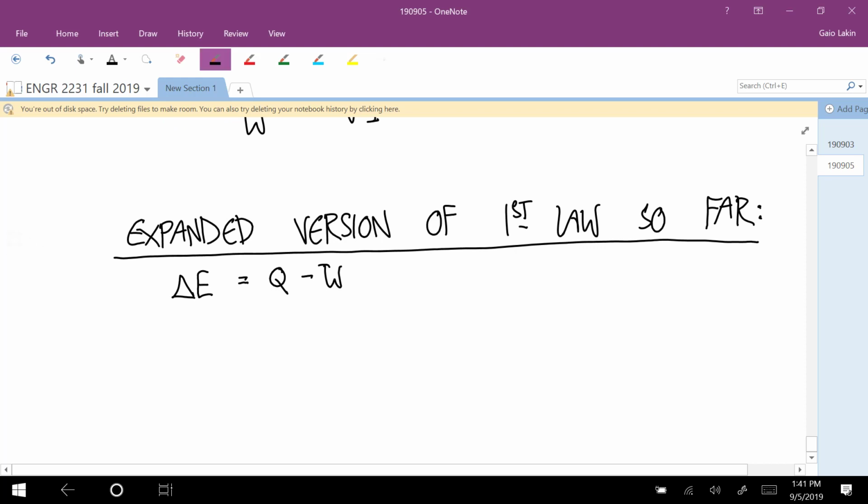So the change in kinetic energy you can think of as 1/2 times the mass times the change in the speed squared. Okay, that's the change in kinetic energy. And then we have the change in potential energy, which is mg times the change in height.